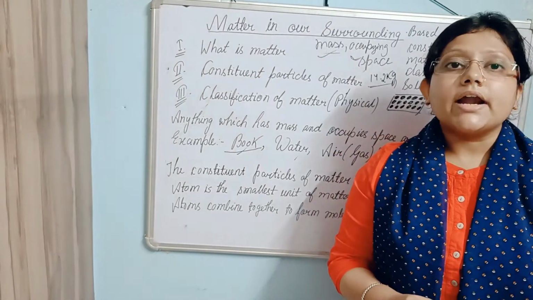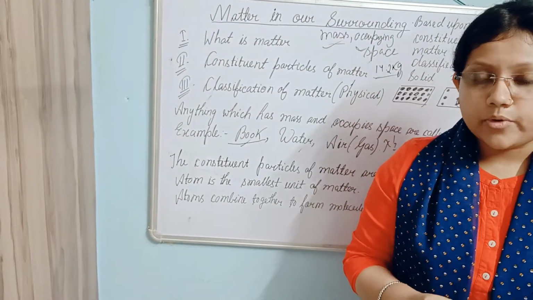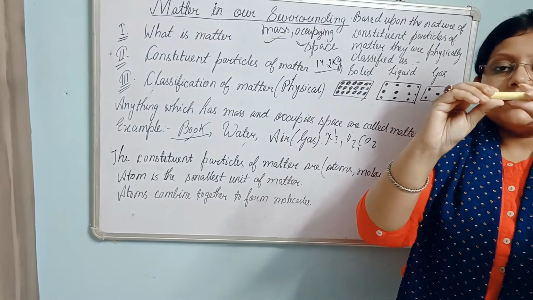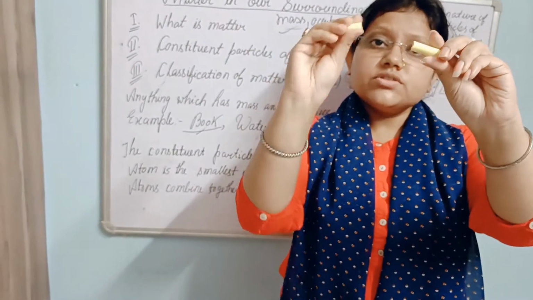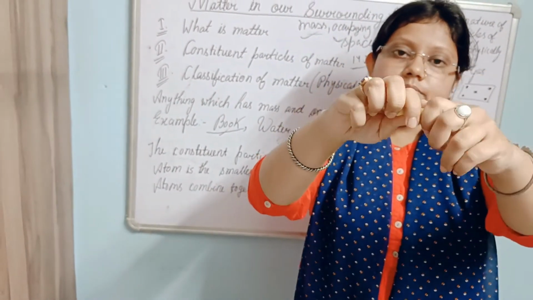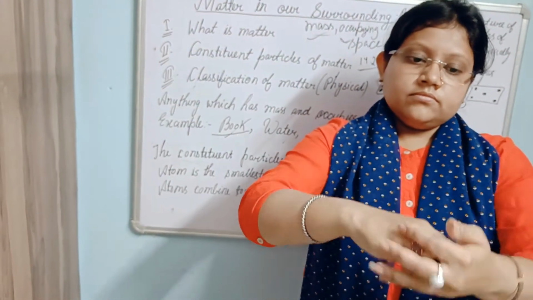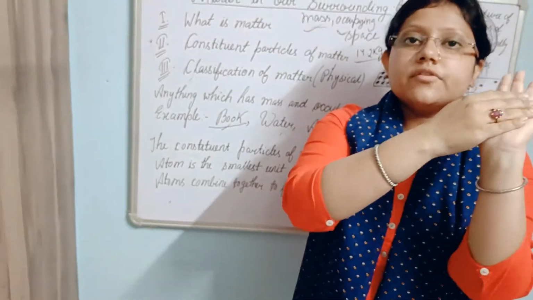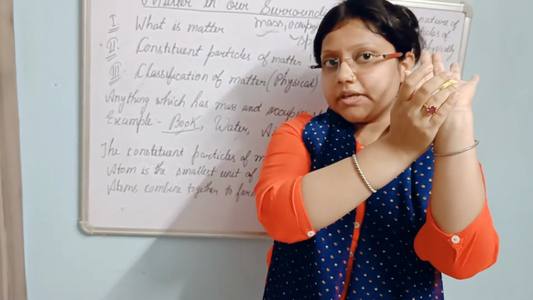This means the particles from which matter is made up. Now I will ask you to break this chalk into smaller pieces. Can you see? I am able to break it into smaller pieces. So a single piece of chalk is now broken into 4 pieces.